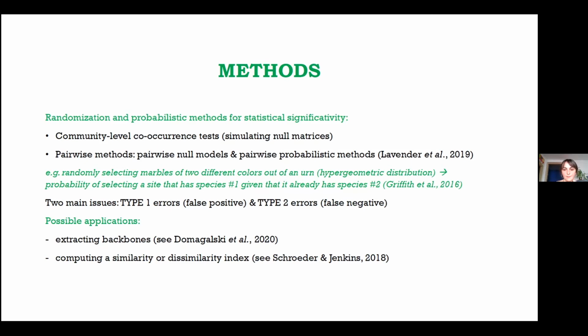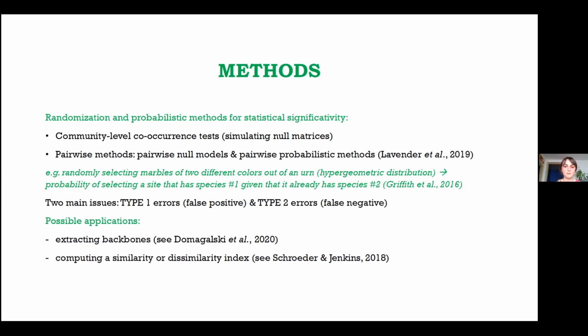So in the literature, in biogeography, there are many ways of trying to be sure that if you simulate the same situation but at random, then if you compare with your actual network, the links that you observe in your actual networks are different than the ones you would have observed if the distribution was random. So there is a very vast literature on the topic, and different methodologies have been proposed.